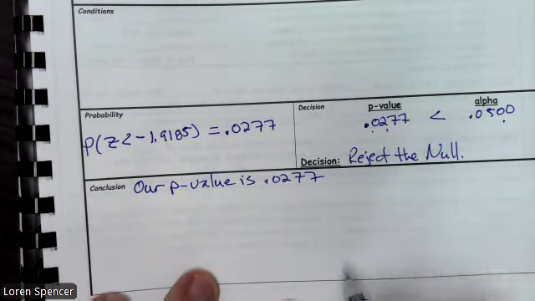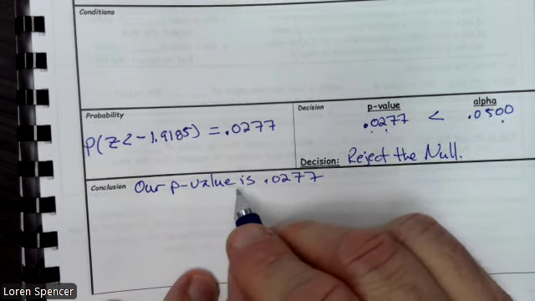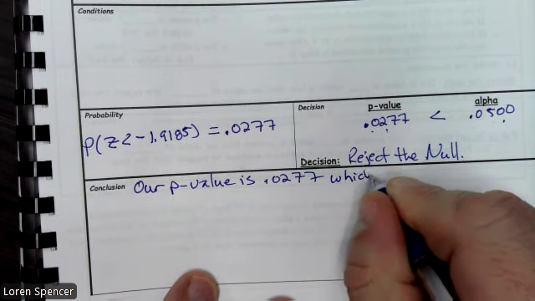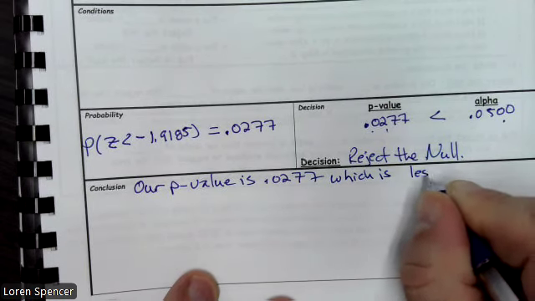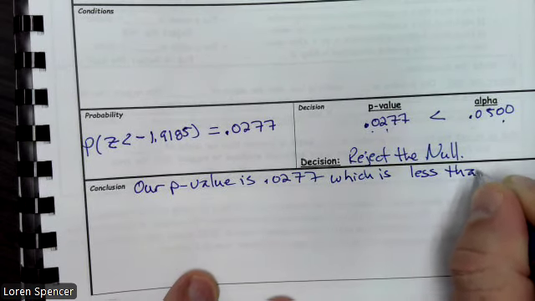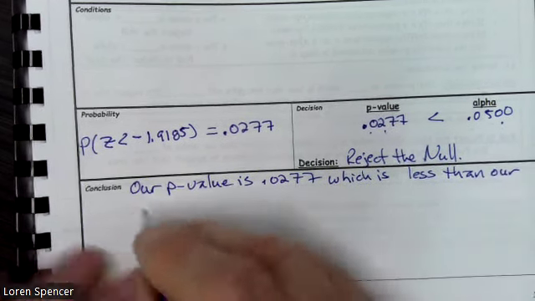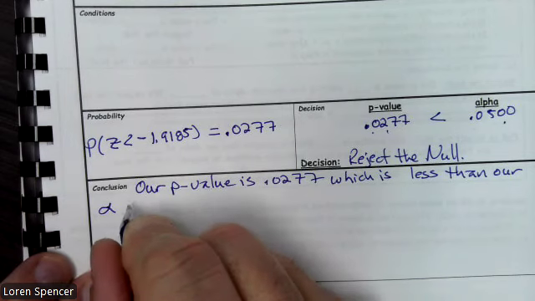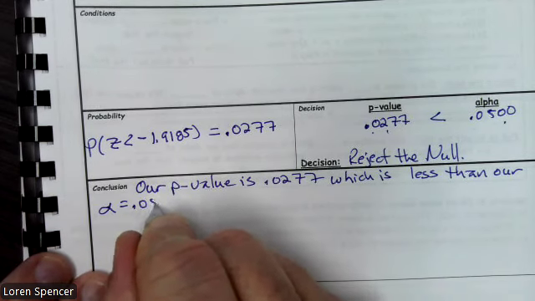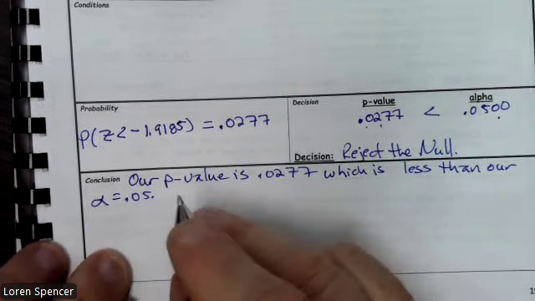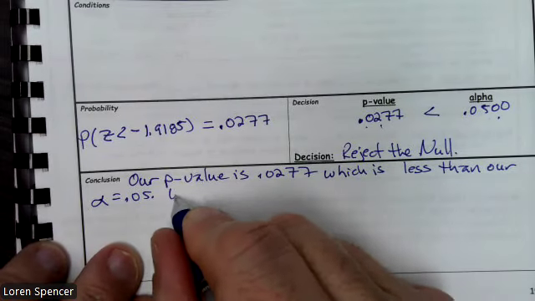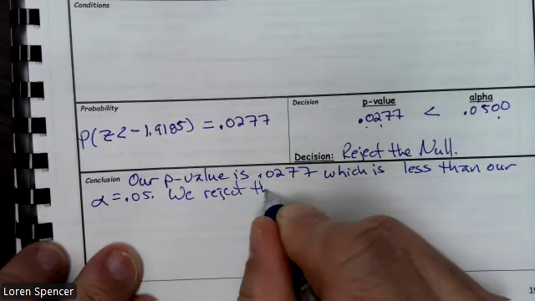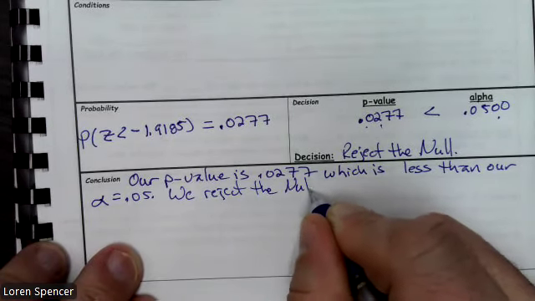So always make the decimals the same length. So our p-value is 0.0277, which is less than our alpha. You can either write the word alpha out or use the symbol alpha equal to 0.05. So our decision, we reject the null.